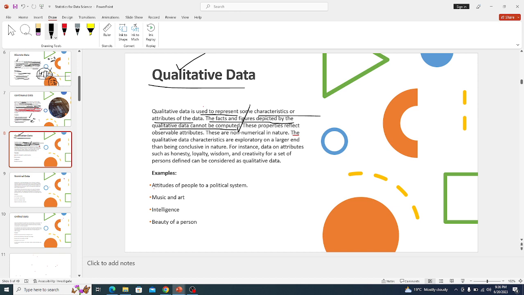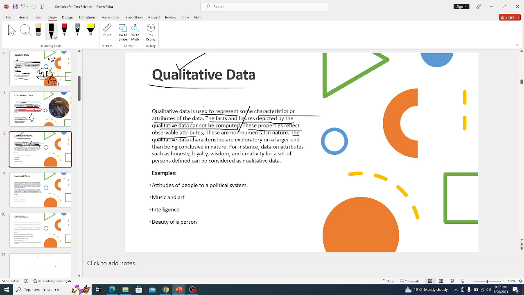As I have said, we cannot compute it because the data we have are only attributes. We don't have the data in numerical form, because it's only numerical data which can be computed. So qualitative data cannot be what? Cannot be computed.